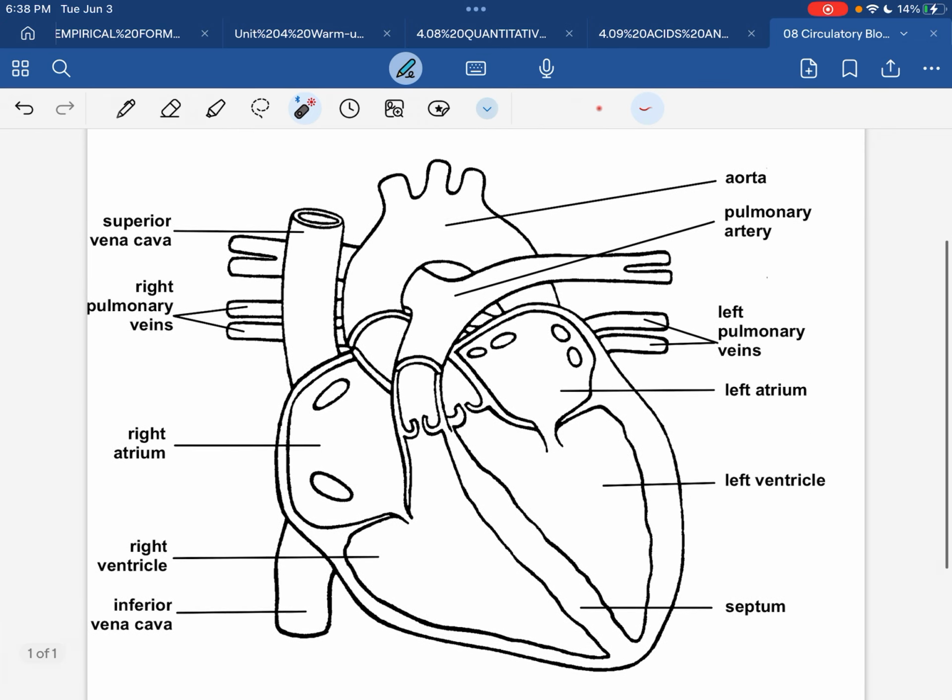So at the top here, we have the superior vena cava, and then on the bottom, sorry, let me highlight these in blue, the superior vena cava and the inferior vena cava. The reason I'm highlighting these in blue is because these are both veins, and veins lead towards the heart. I'm also highlighting them in blue because they contain deoxygenated blood.